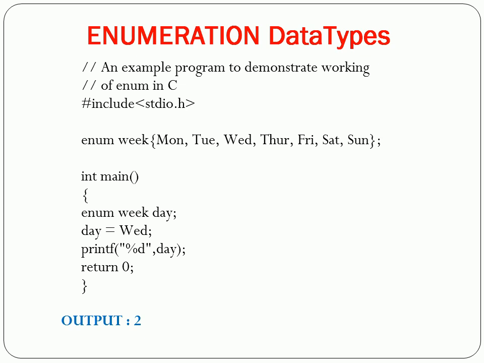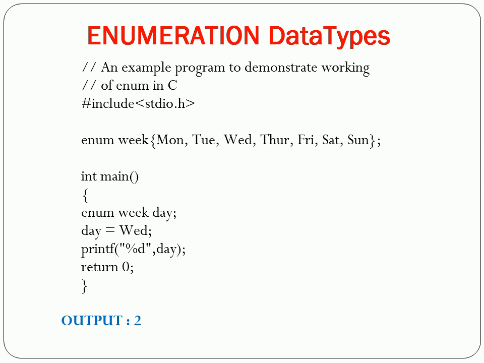How do we get the output as 2? We have already said that enumeration is a user-defined data type, and it is mainly used to assign names to integral constants. It means that whatever names we have stored under the enumerated data type, by default it will assign integer values.